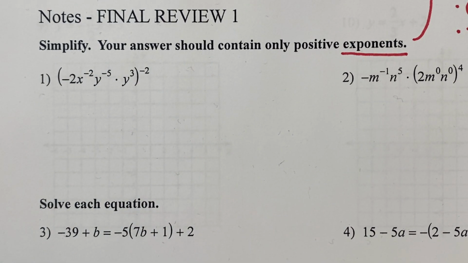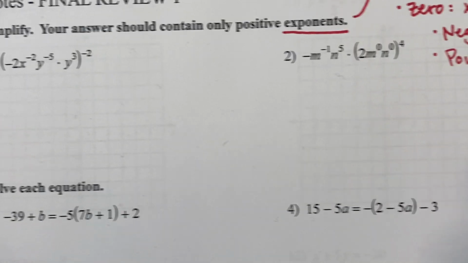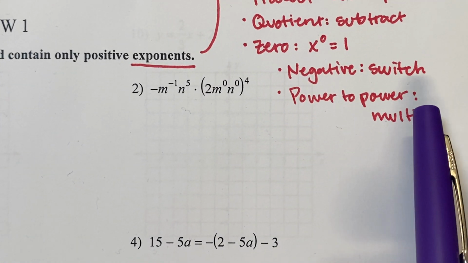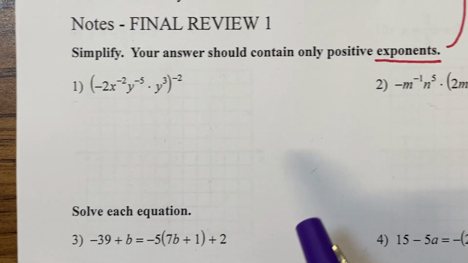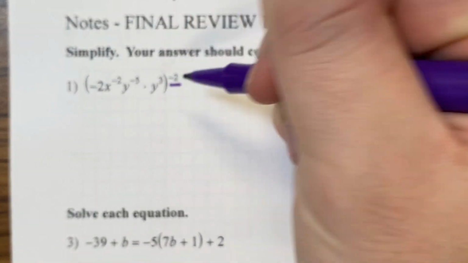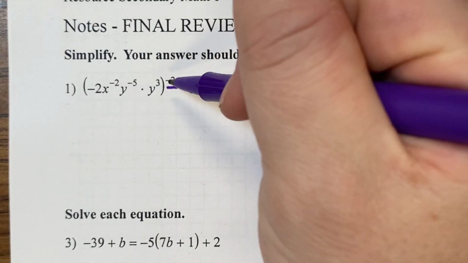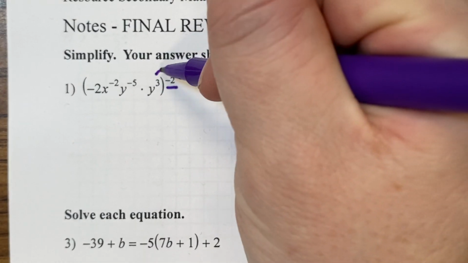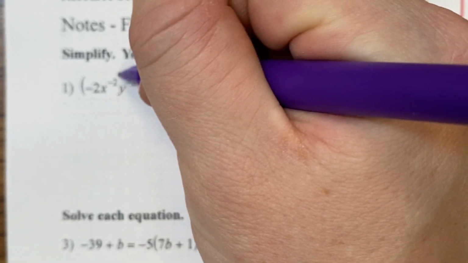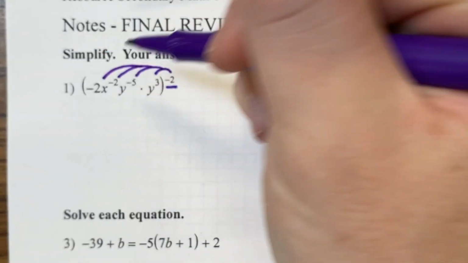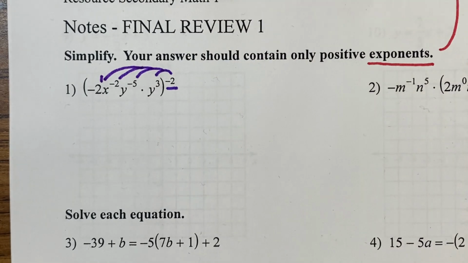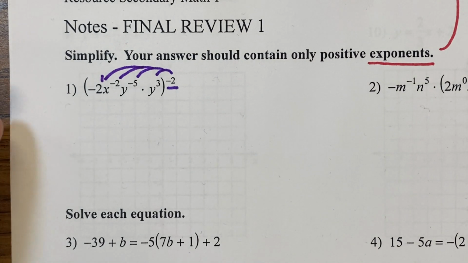Whenever I see parentheses, that's our power to power rule, which means we're multiplying. Which means we're taking this -2, and it has to multiply to every single exponent inside, everything with a base, including the -2, which is technically to the first power.